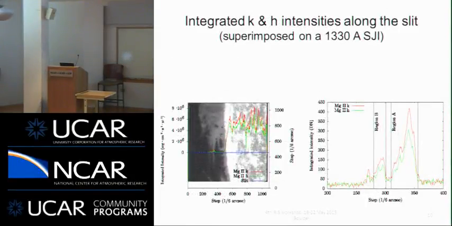So you see, this is the slit jaw camera image, and we make a cut along the slit. This is in red the K intensity, in green the H intensity, and our poor threads are here, you see? And this is with an intensity which is less than 10% of the disk intensity.